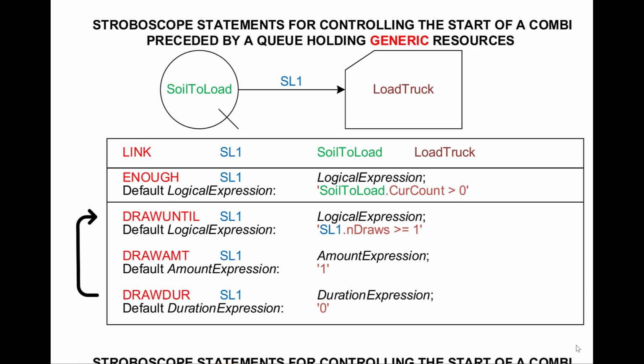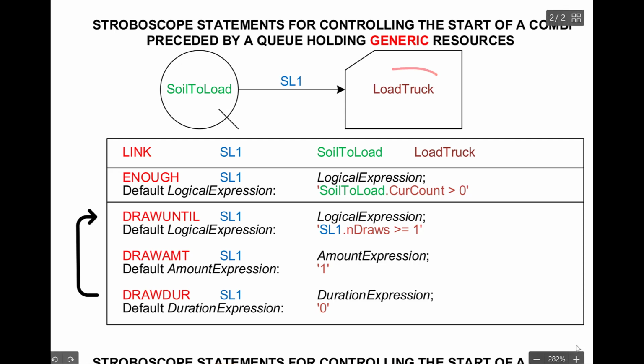Let us assume that all the incoming links to combi load truck returned an enough value which is true. If that is true, then the activity, the combi load truck, would be able to create an instance, in which case the drawing process begins.